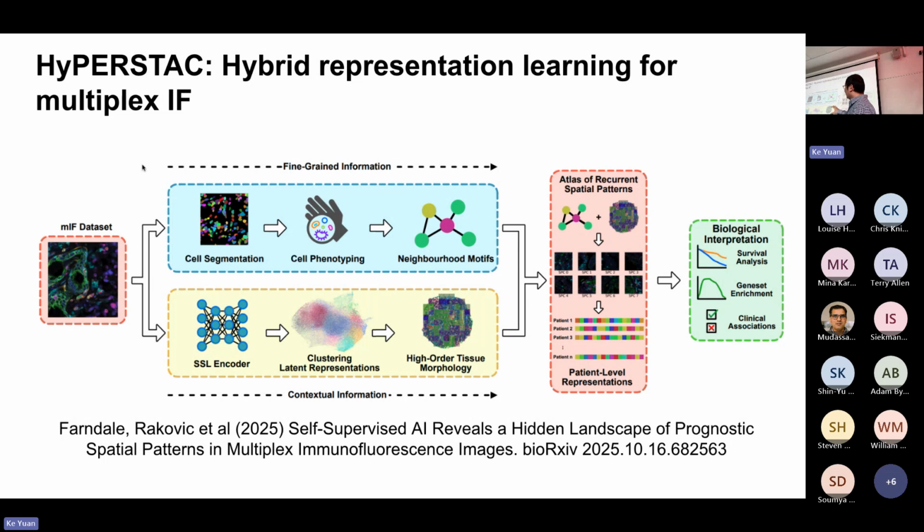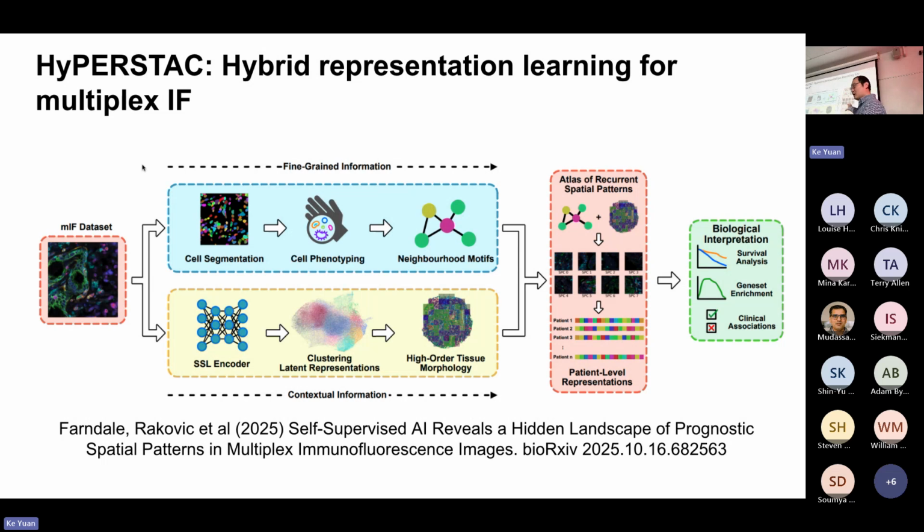So we developed what we call a hybrid representation learning method. We combine the self-supervised training with traditional cell segmentation-based statistics to basically mimic what we've done with HPL in histology, trying to establish what the recurrent appearances are in those spatial proteomics data.